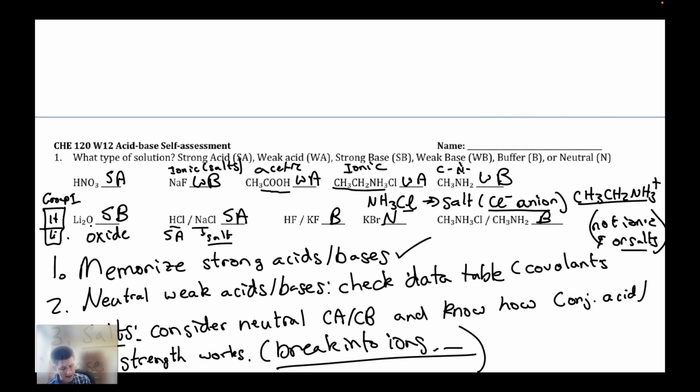These ammonium cations are a little bit new, but again, anytime you see NH3X where X is like Cl, Br, I, etc., you can remember that this is going to be that ammonium type cation plus this X anion in solution.